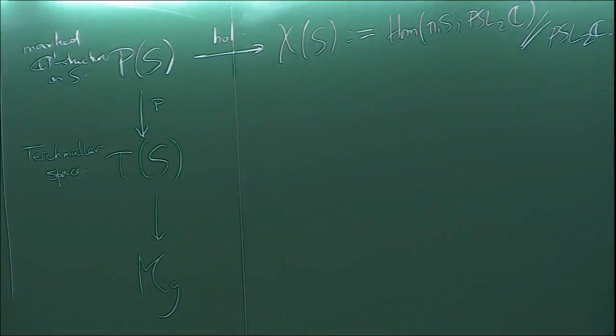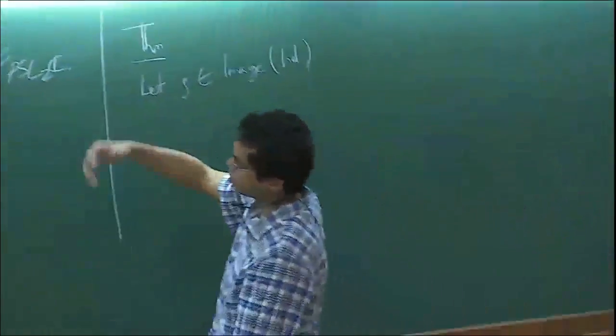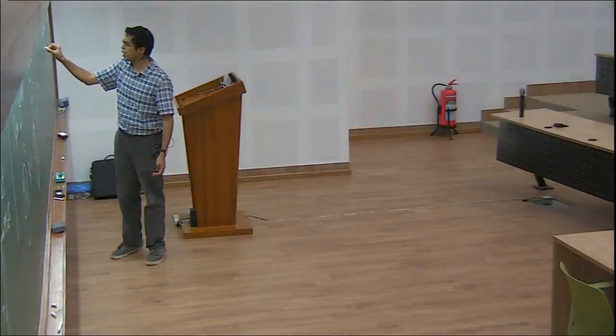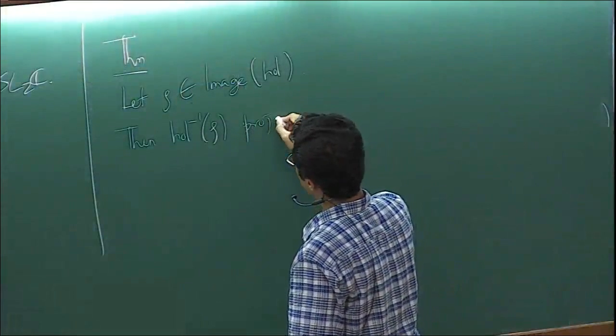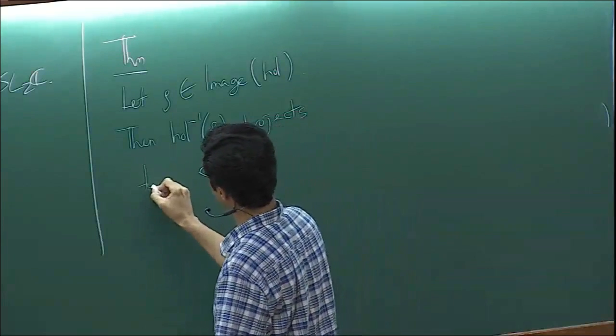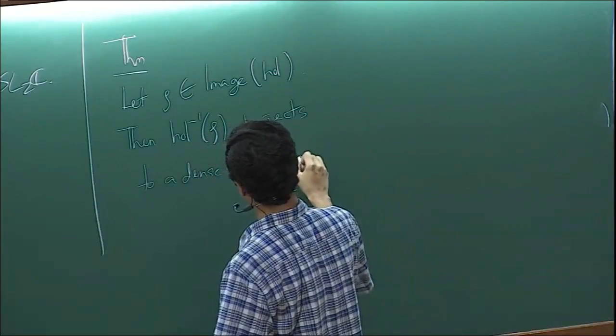If you let rho, some representation, belong to the image of this holonomy map, and I'll later describe what exactly this image is, so almost every representation is in the image, then this holonomy fiber, the inverse image of rho, is some set in the space P of S, and it projects to a dense set in moduli space.